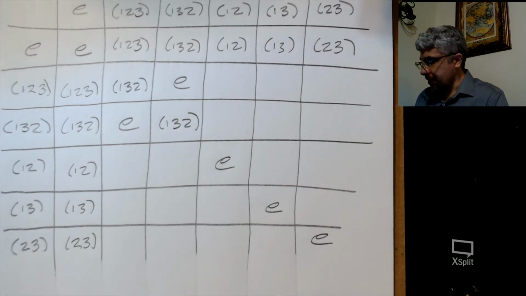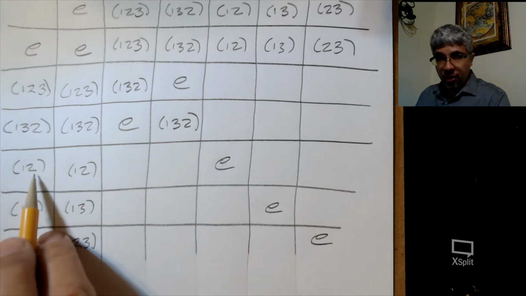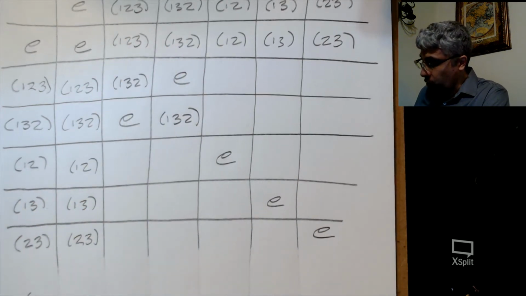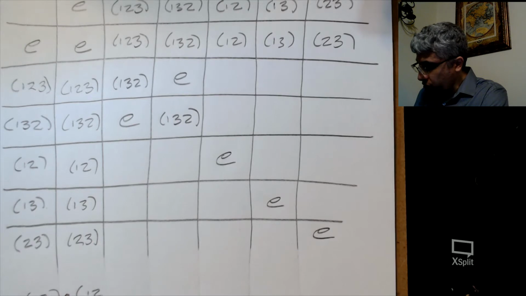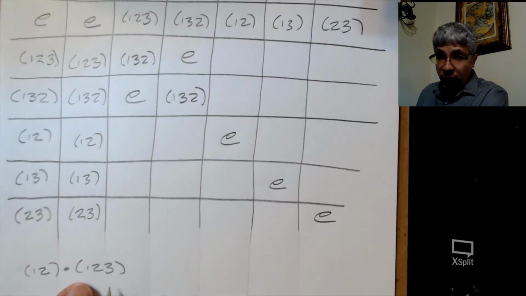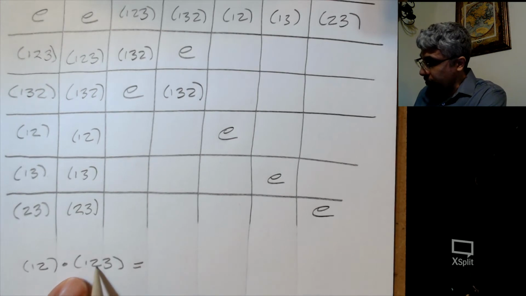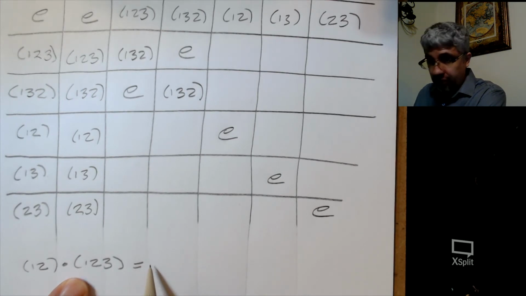So now this is going to be a little trickier. Remember that when we do this, this is going to be the first element, and this is going to be the second when we write it. So the entry here is going to be (1 2) times (1 2 3), but what does that mean? Well, when I multiply, I still do the right first. So 1 goes to 2, which goes to 1, so 1 goes to itself.